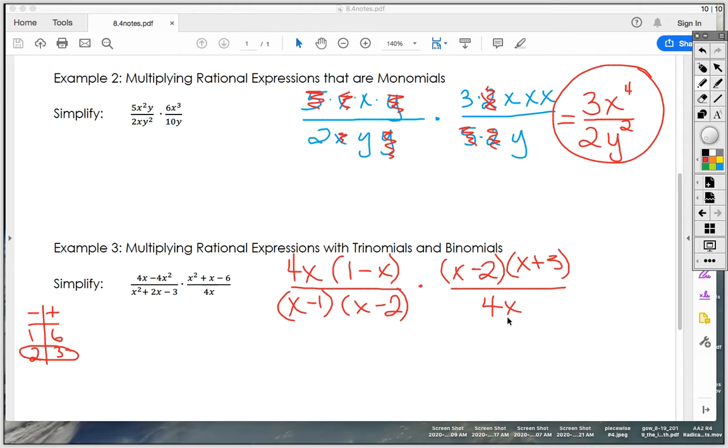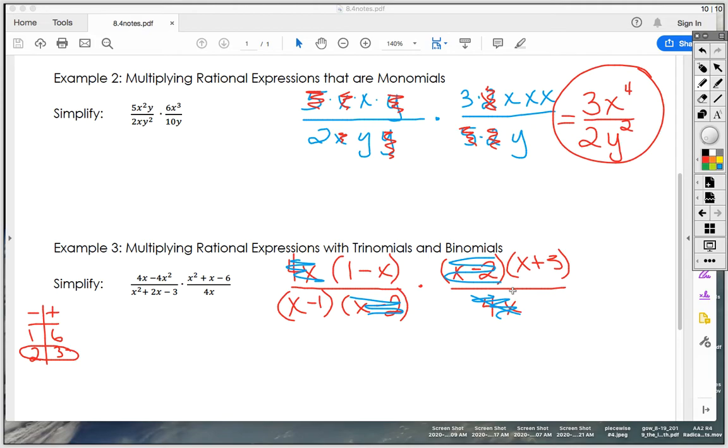So step 1 is to factor everything out. Step 2 is to cross cancel. So there's a 4x at both the top and the bottom. They cancel each other out. There is an x minus 2 at the top and the bottom. They can cancel each other out.